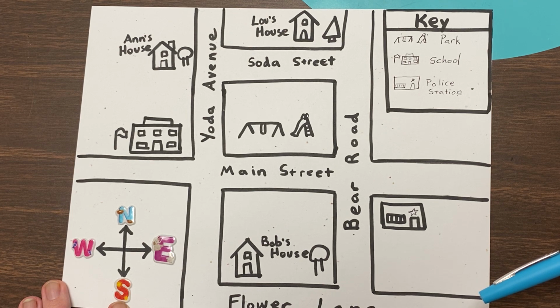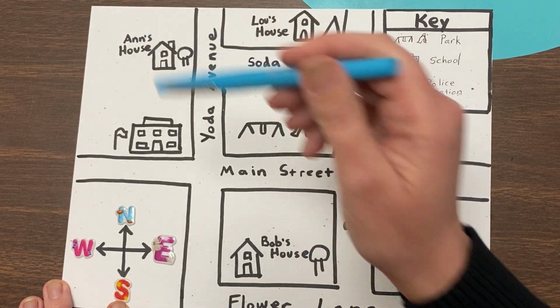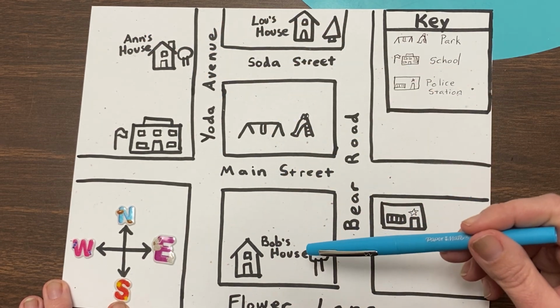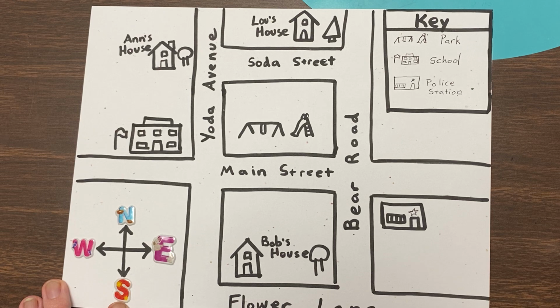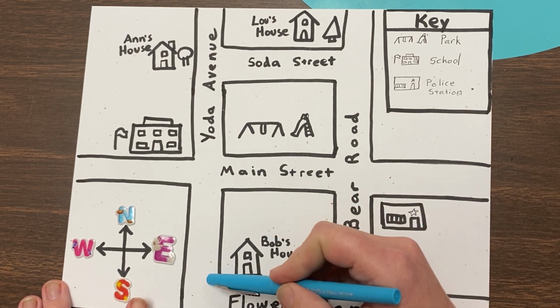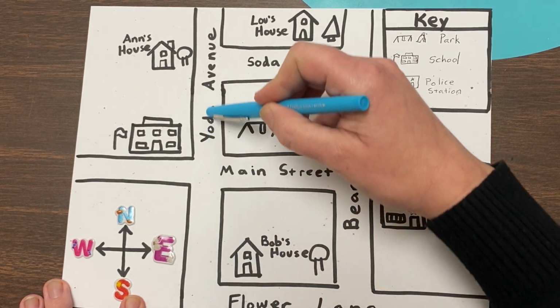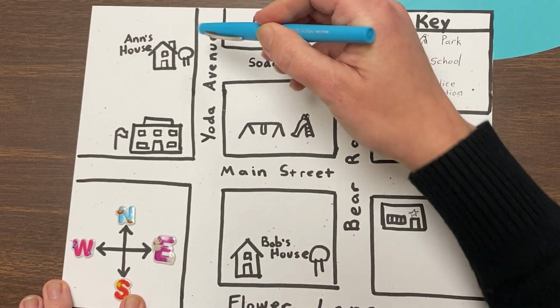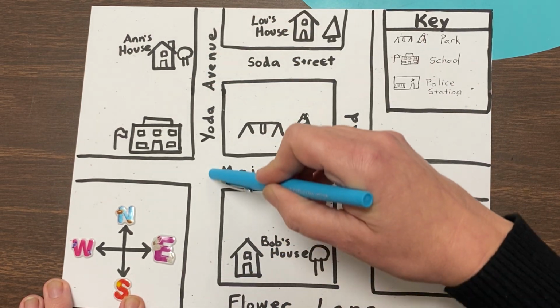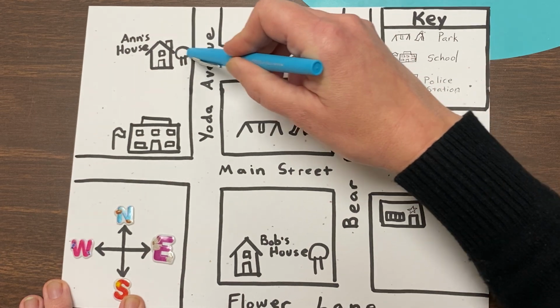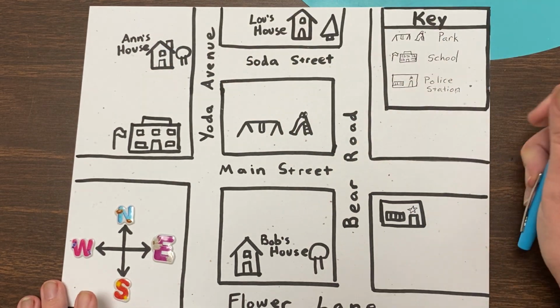And finally, let's talk about Bob and Anne. If Bob wanted to visit Anne, how would he walk? Bob would walk north on Yoda Avenue to get to Anne's house.